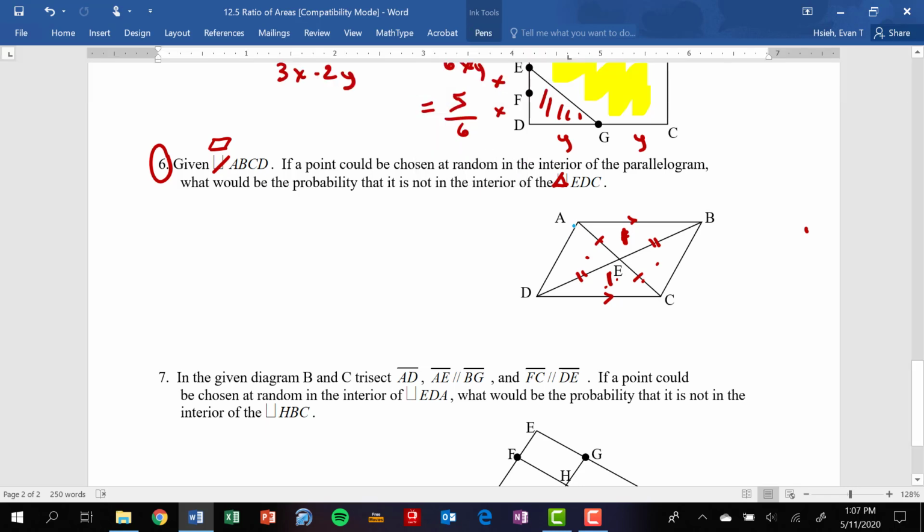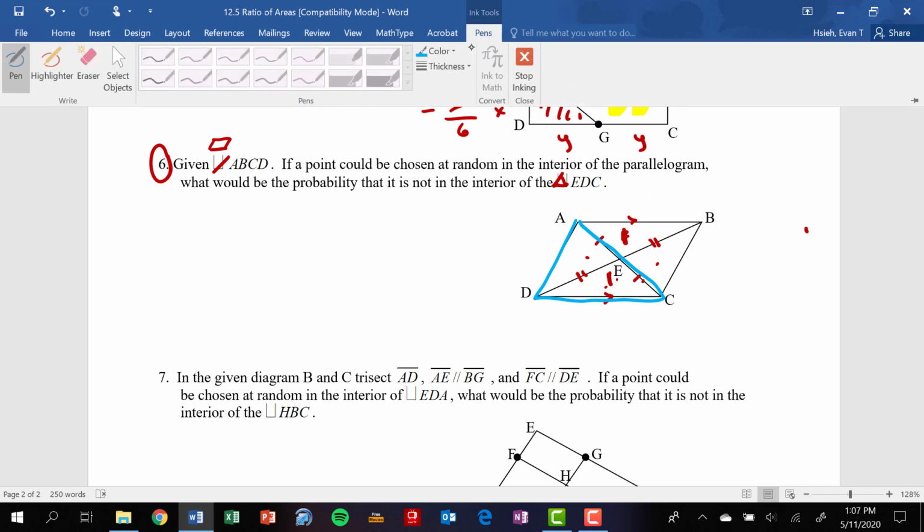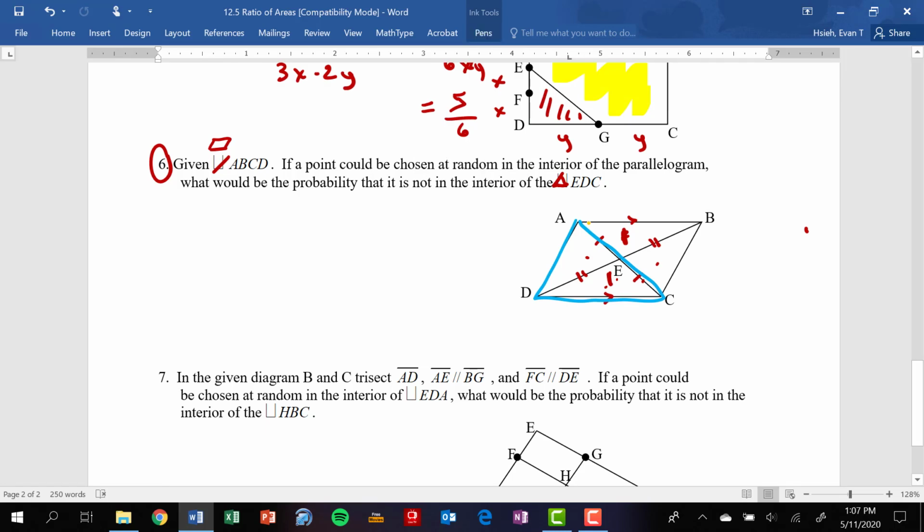And if I focus on, say, this triangle right here, and if I use this part as the base, I know that the height will look something like this for both the triangle on the top, as well as triangle ADE, and I know that that's the height for also the triangle over here on the bottom for triangle DEC.